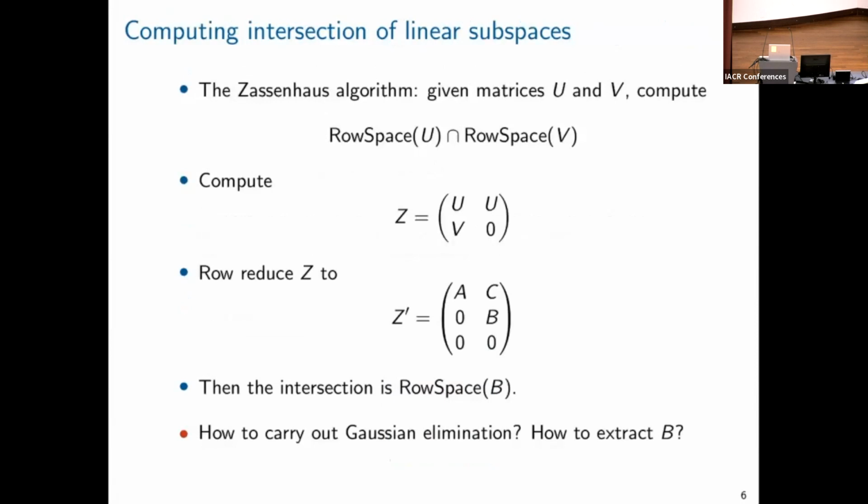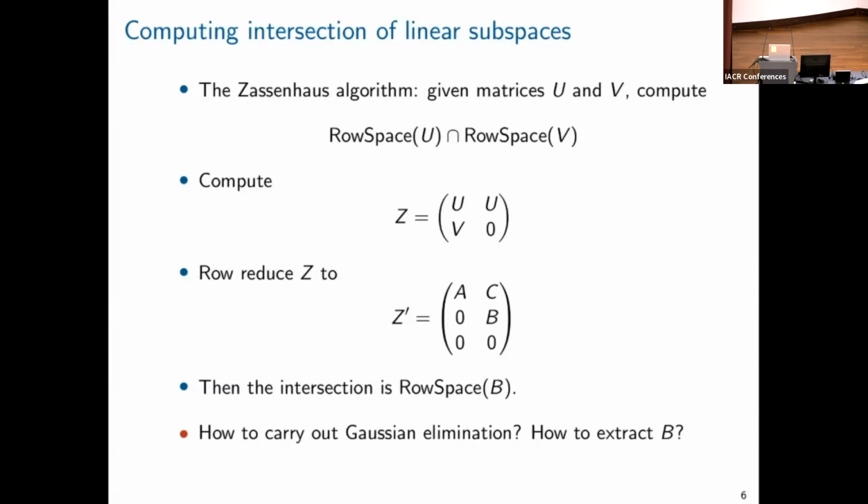Okay, and as I mentioned before, inside the RSR algorithm and RSR plus algorithm, we often want to compute the intersection of several linear spaces. And the Zassenhaus algorithm is a pretty good way to do this.